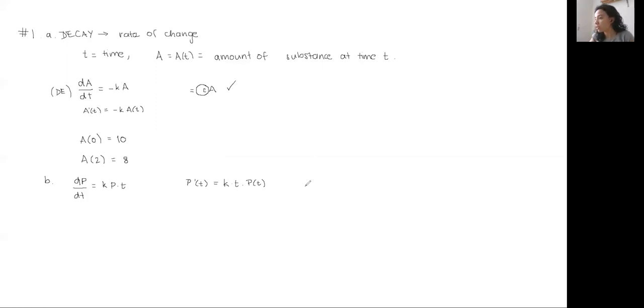Now, just for reference, you have that t equals 0, according to this, corresponds to 1950. So in 1950, the population was 1,500,000. So that means P of 0 was equal to 1,500,000.